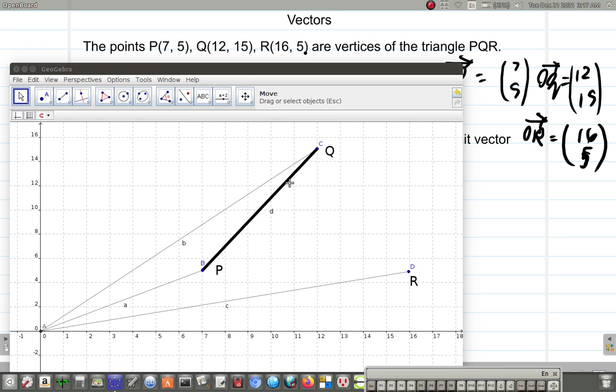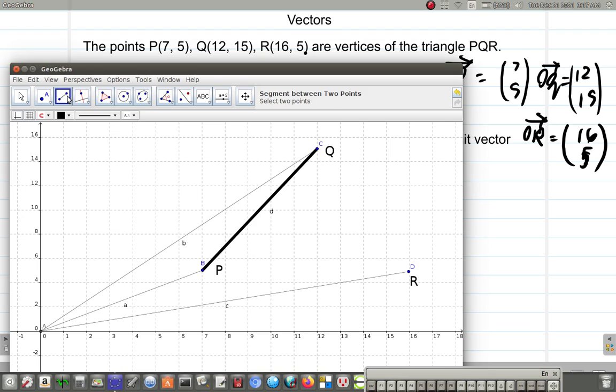What you're really doing is adding PO and OQ. Now notice you're going up from P to Q, but if you go down from P to O, you would be opposing the movement of P to Q. And then you go from O to Q, also opposing the movement from P to Q. Alright?